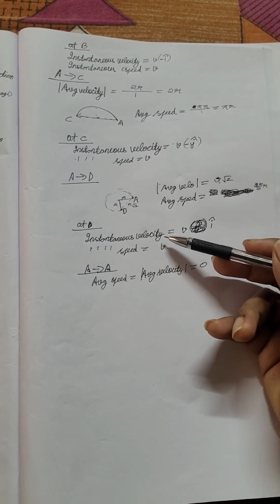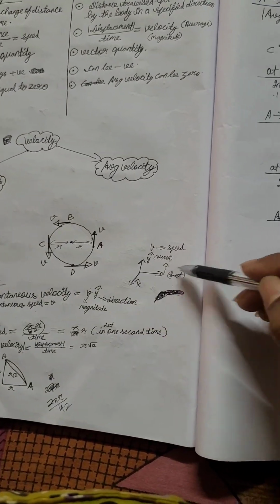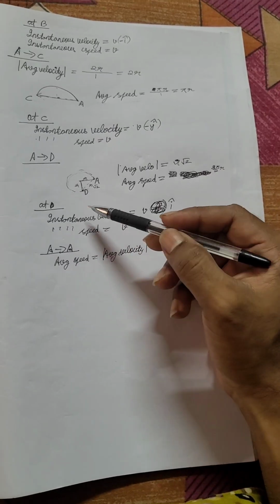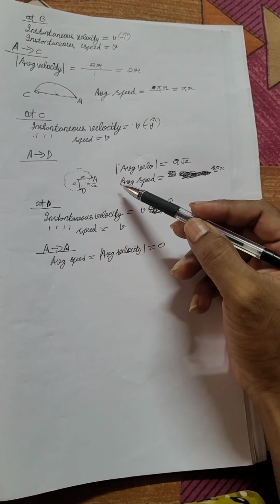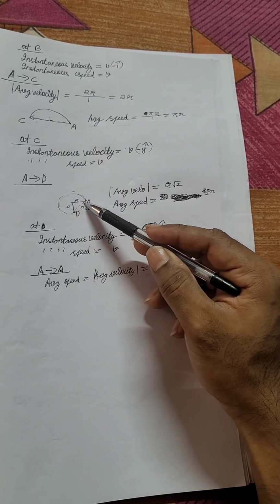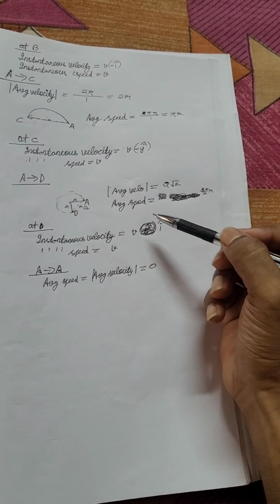So the instantaneous velocity at D is v i cap. So A to D, the average velocity is this distance, so r root 2 by Pythagoras theorem, r root 2.